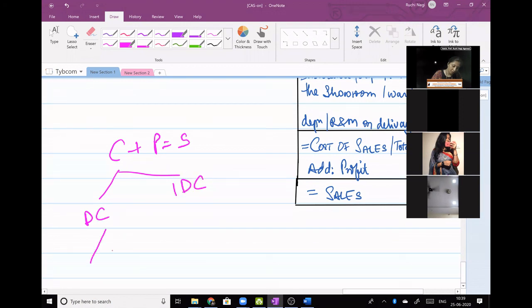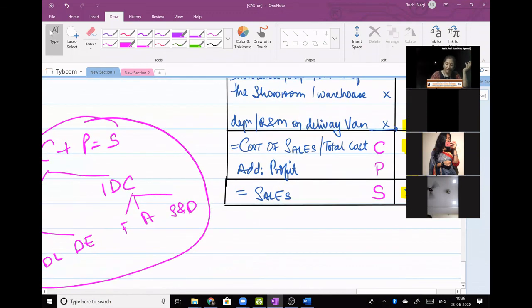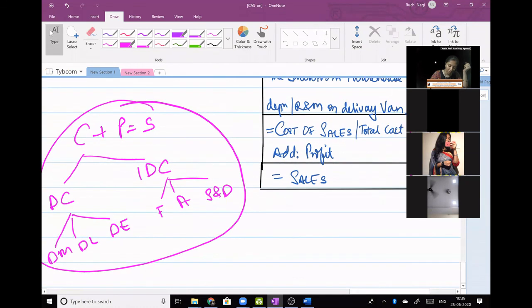Direct cost is further divided as direct material, direct labor, direct expenses. And indirect cost is further divided as factory overheads, admin overheads, selling and distribution. Correct, no? If you remember this, you will definitely remember cost sheet. There is no chance that you will forget cost sheet.